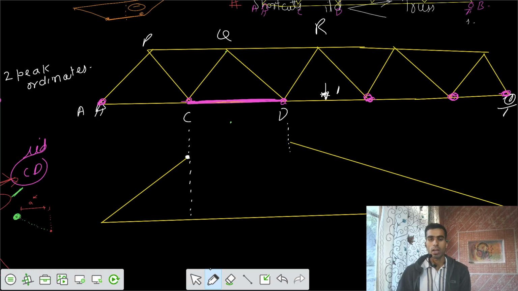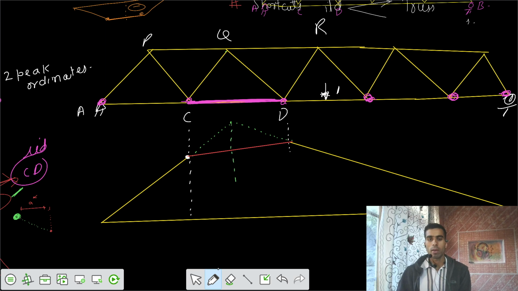But I should not have this as the actual variation. So this is not the actual variation. Finally I have to join them by a straight line, because we are applying loads only at the joints C and D. We are not applying load at Q.